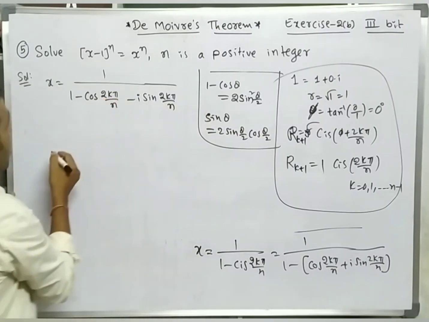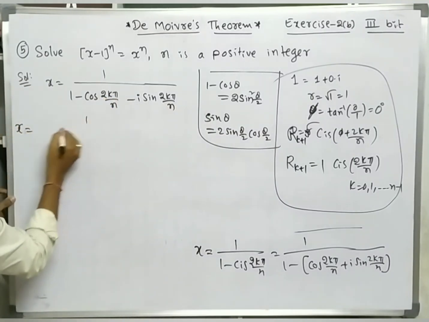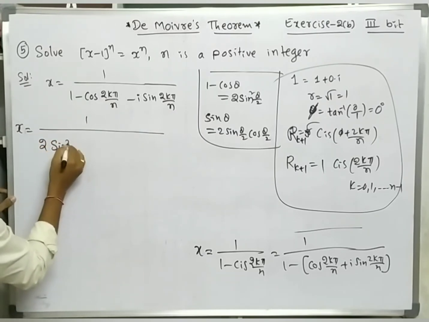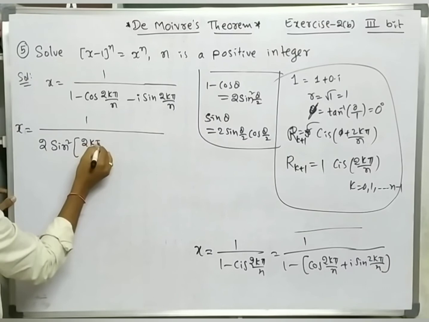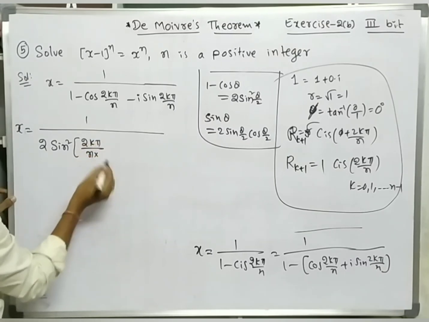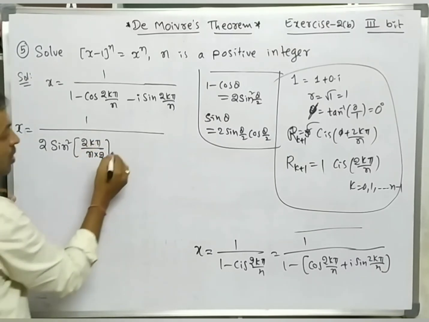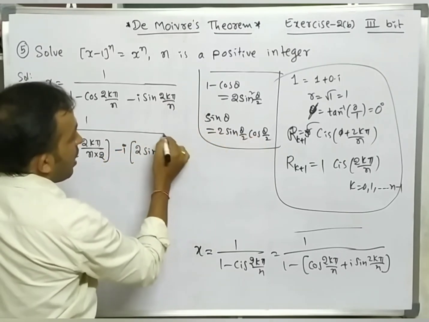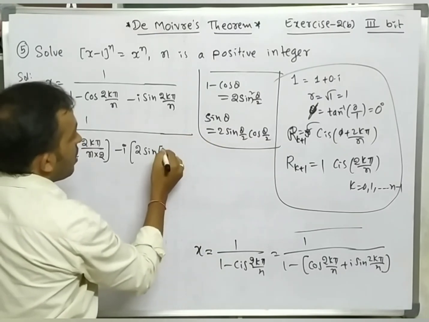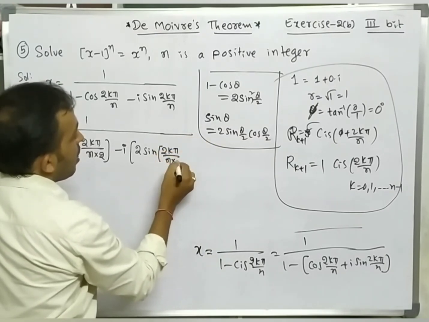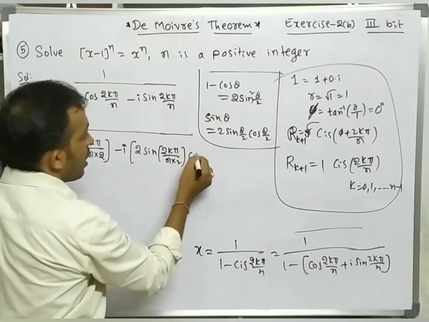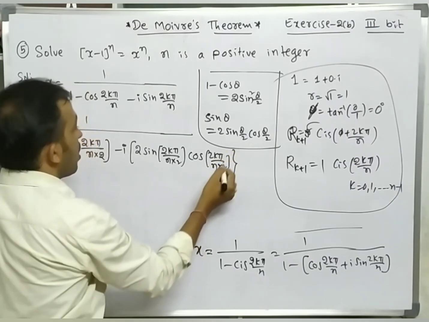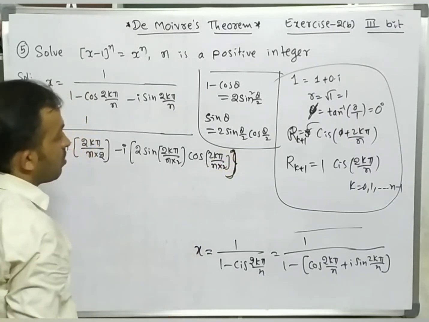Apply those formulas here. So x is equal to 1 by 1 minus cos theta, meaning 2 sin square theta by 2, that is 2k pi by n by 2, minus i into the sin theta formula, 2 sin theta by 2 cos theta by 2, that is 2 sin 2k pi by n by 2, and here we can write cos 2k pi by n by 2.